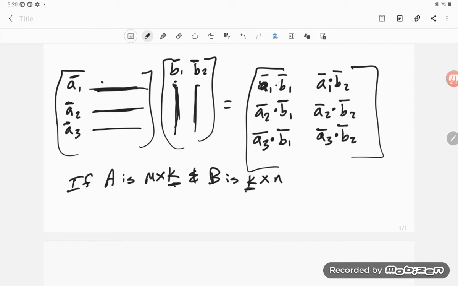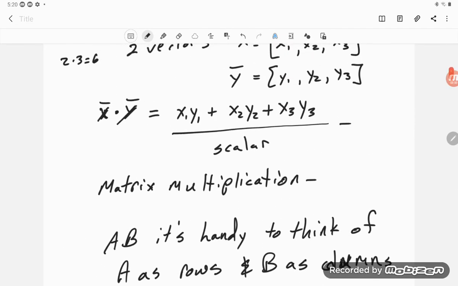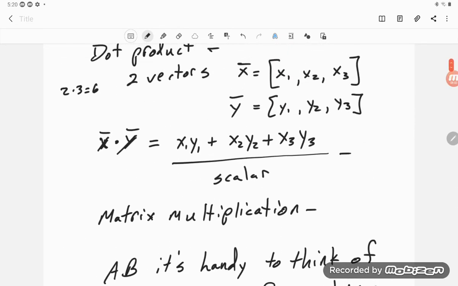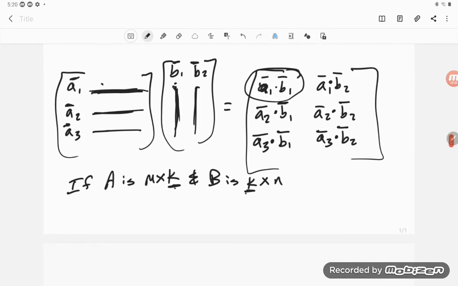Now, why? Well, because we define this matrix multiplication as these dot products here, and to do the dot product, right, back here at dot product, these 2 vectors have to be the same length. And so the length of that row there has to be the same as the length of that column in B. So the length of the rows in A is the same as the length of the columns in B. That's why we have this K here.